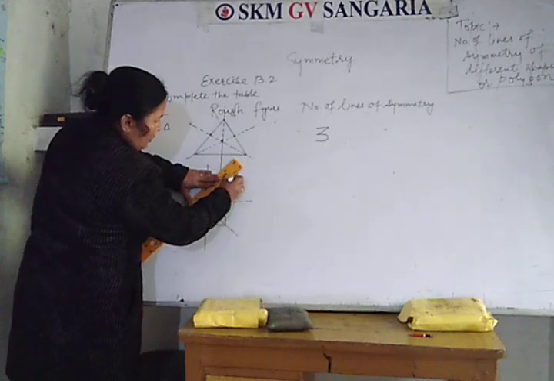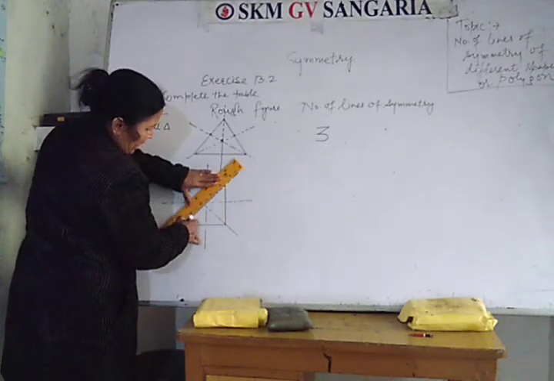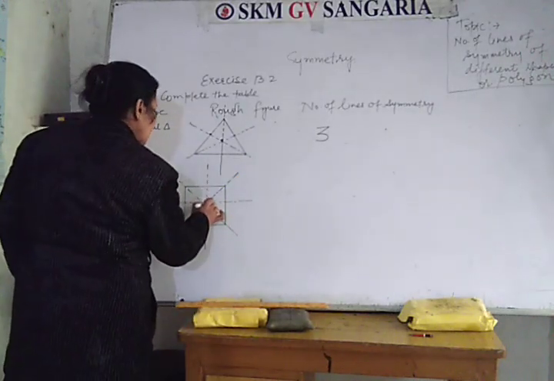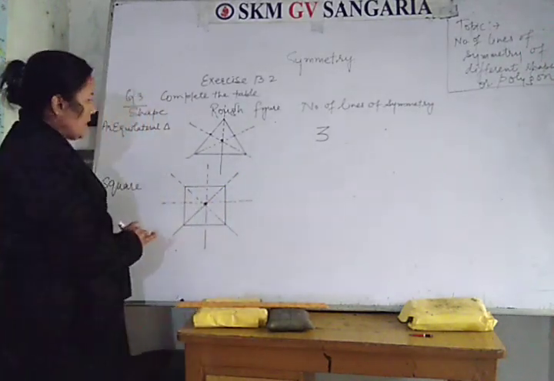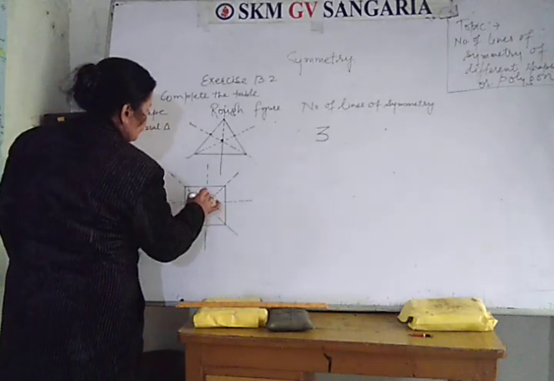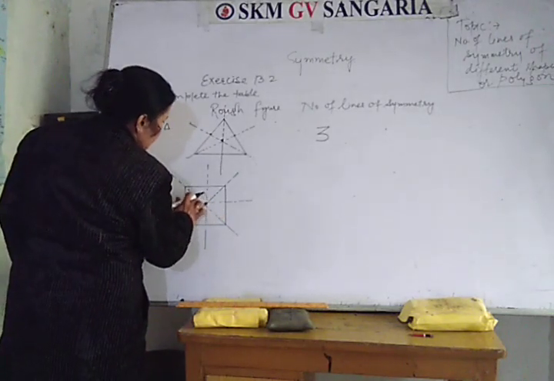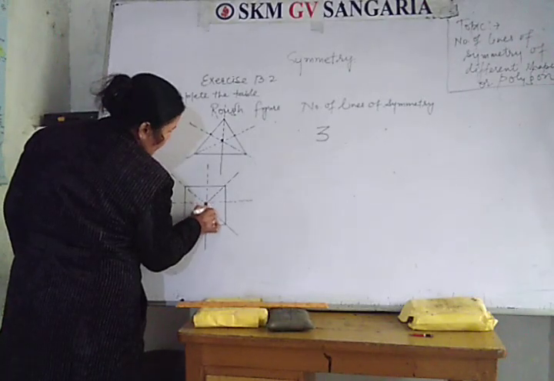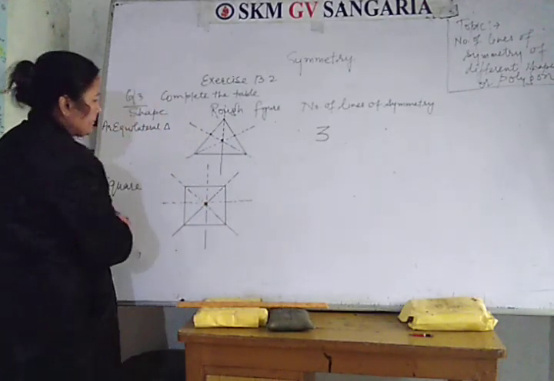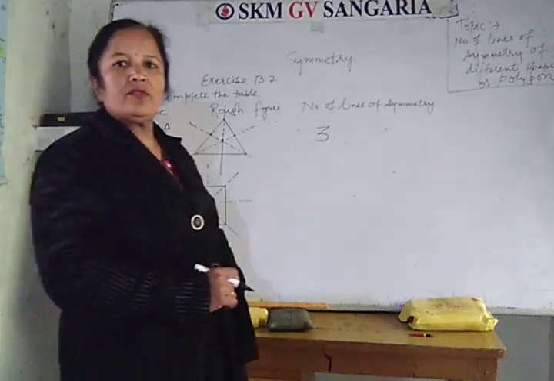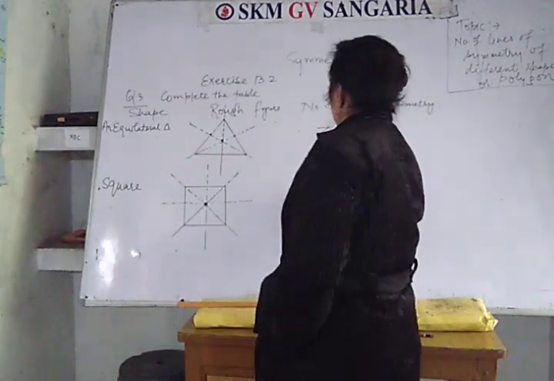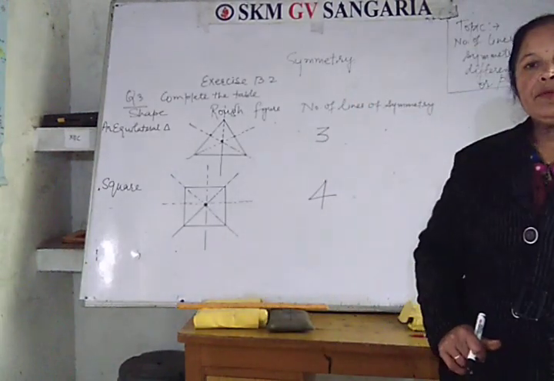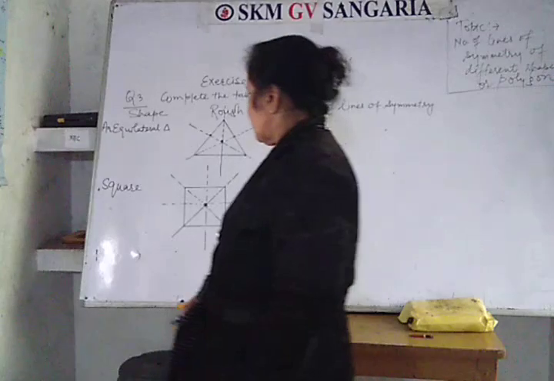When 2 opposite vertices are joined, then diagonal is formed. So this square has how many lines of symmetry? It has 4 lines of symmetry.